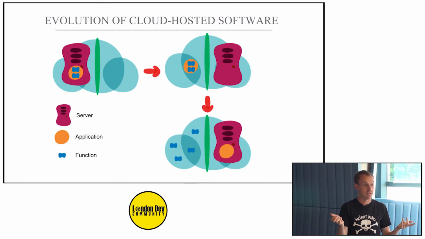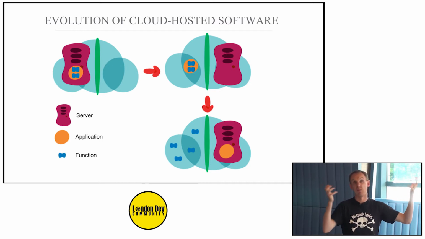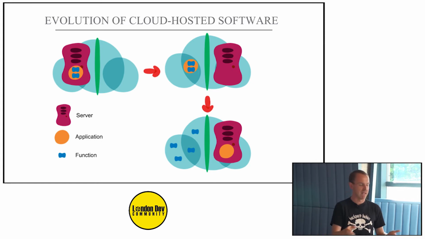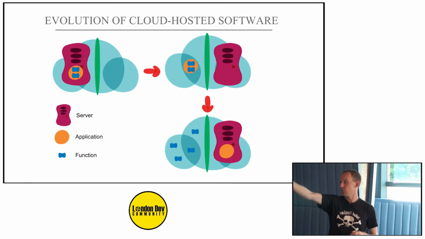So an EC2 instance, let's say, sure, we can spin one up whenever we need, but we're still responsible for putting stuff on it and keeping it around and spinning up a new one if it goes away and stuff like that. We then build an application, whatever it is, I don't know, a Ruby on Rails app or something like that. But we build that application, so we're responsible for that. And that application is made up of many functions. And we have to take care of moving that application, putting it on the server.